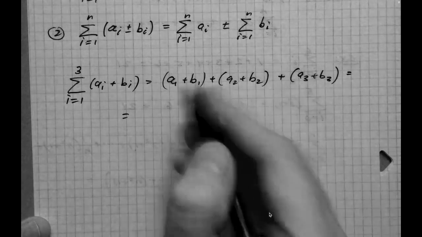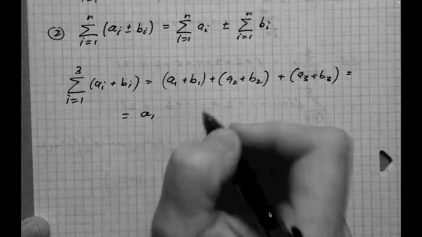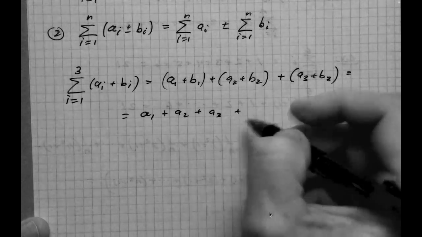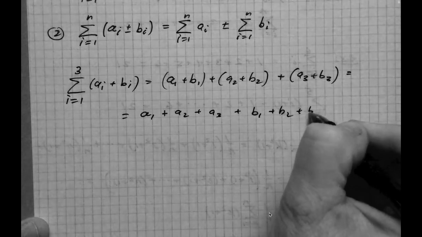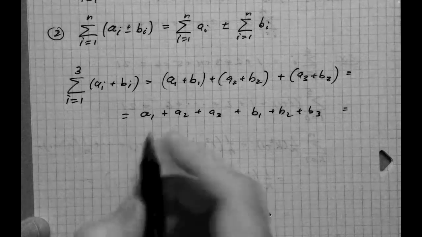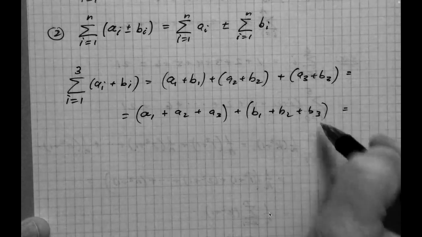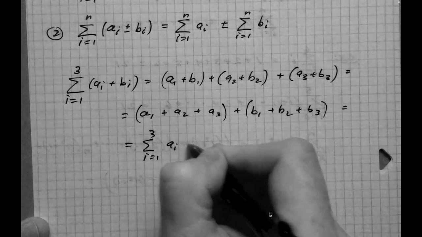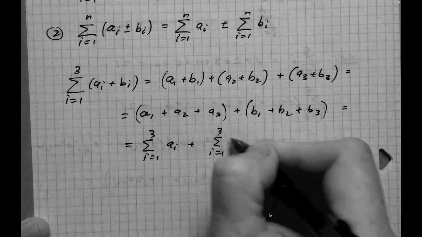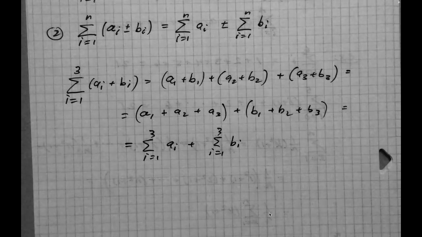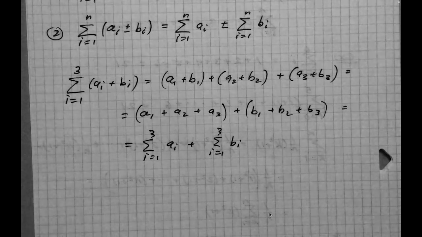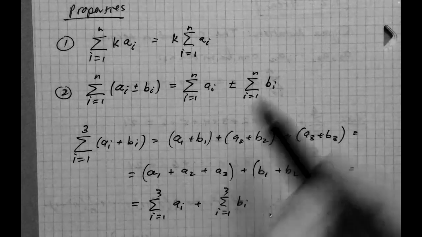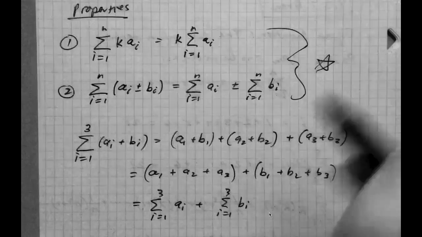So you can arrange it as such: a1 plus a2 plus a3 plus b1 plus b2 plus b3. Then of course you can group these like that. And that's what leads directly to the sum i equals 1 to 3 of ai plus the sum i equals 1 to 3 of bi. So a really simple thing to see, and hopefully intuitive. Both of these should be intuitive because we'll be using this extensively, and so we really want to make sure that these are intuitive.